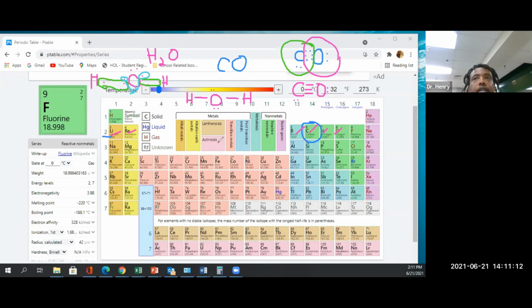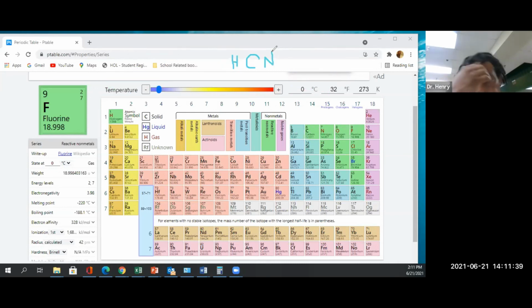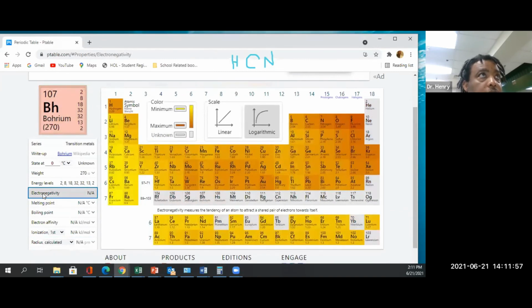Okay. So let's see if we can make it a little more challenging. There's the way that you determine who's going to be in the middle. There's going to be a couple of ways to determine. One of them is what we call the electronegativity. If you look on your periodic table, you click down to electronegativity.